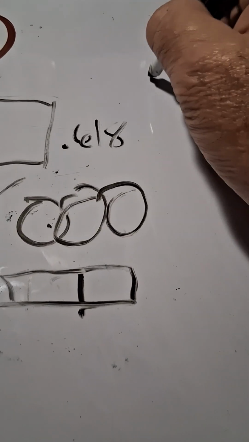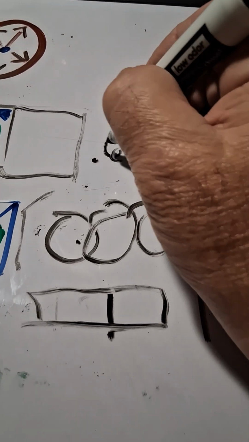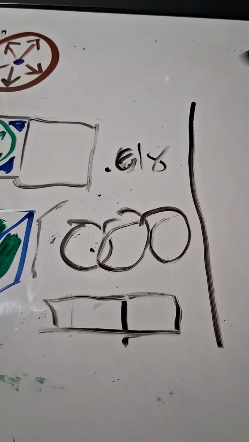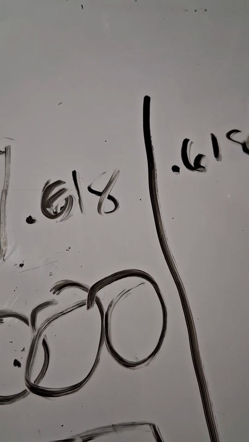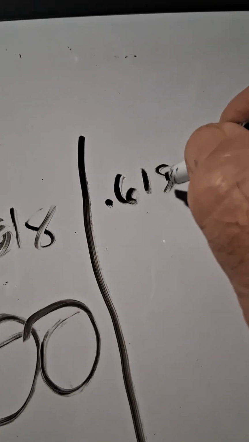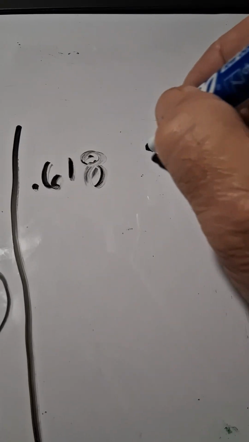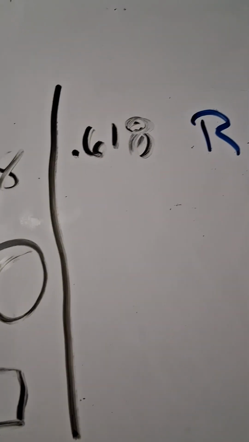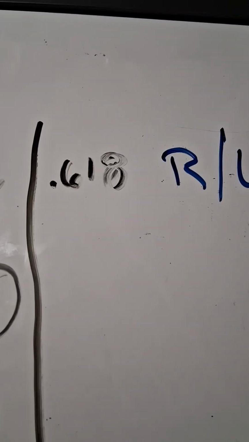Now, I haven't quite made the connection yet in a sense that science will understand. But this number here, 0.618, and this stupid thing, to me has a relationship with right hand, left hand, which we already know is magnetism, filling the volume.